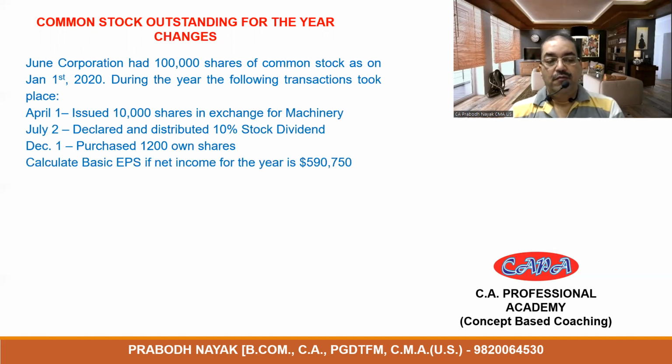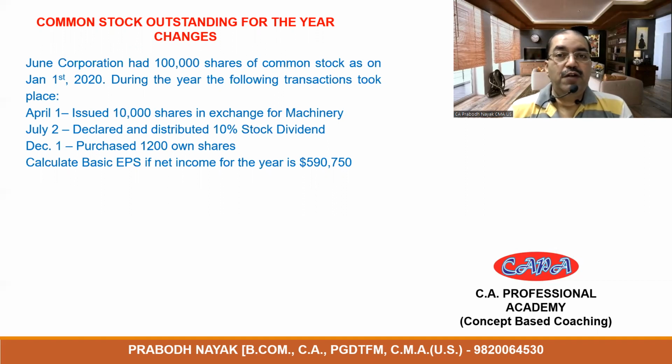June Corporation is the name of the company, which had 100,000 shares of common stock as on Jan 1st, 2020. During the year, the following transactions took place. On April 1st, we had 10,000 shares issued in exchange for a machinery, an asset.